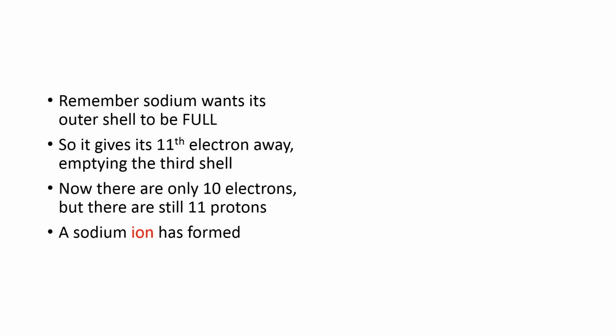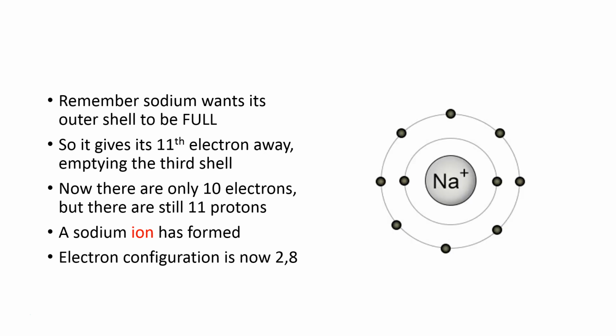The nucleus is unchanged. That means a sodium ion has formed because it has more positive charges than it has negative charges. So overall, it's a charged particle. The electron configuration of our sodium ion is now 2, 8. And that would be a diagram. That's another diagram that you should copy into your book.